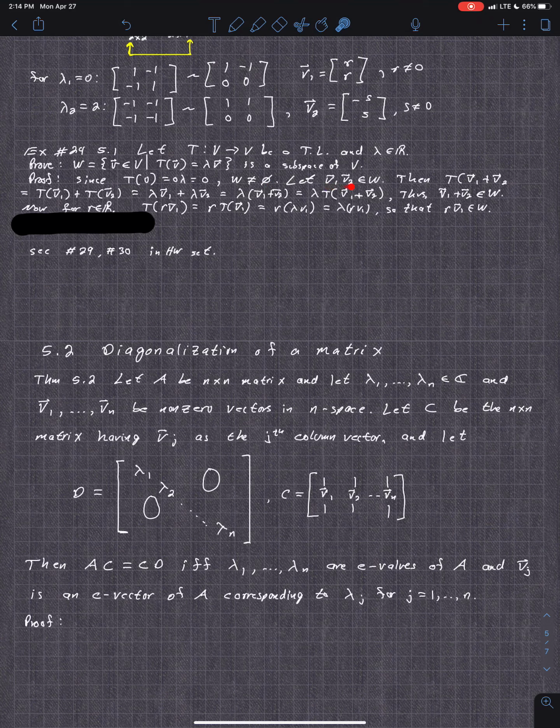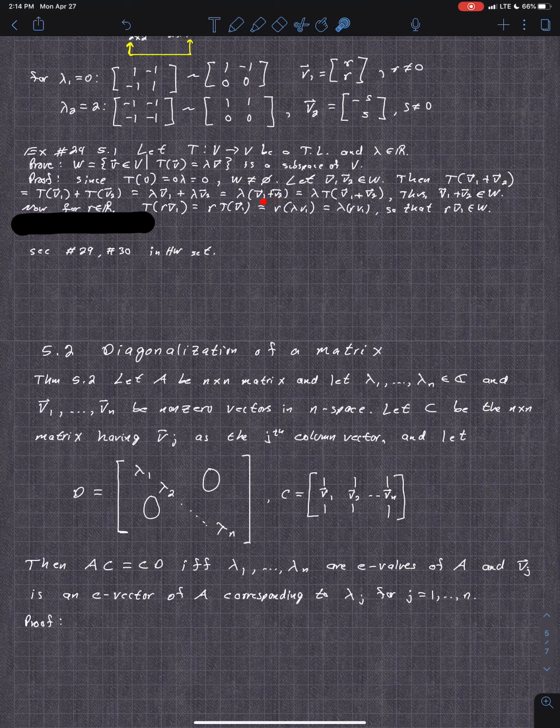Then I choose two vectors in W and show that the sum is equal to that. That's true just because T is a linear transformation. If you rewrite it in this form, then that is a vector in this set, such that this is true.